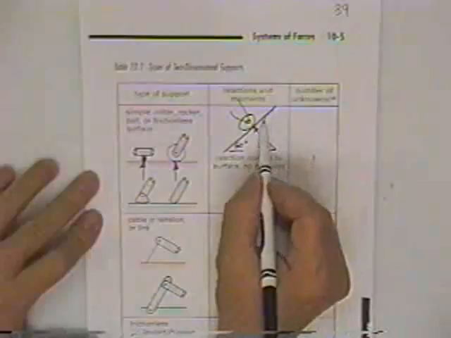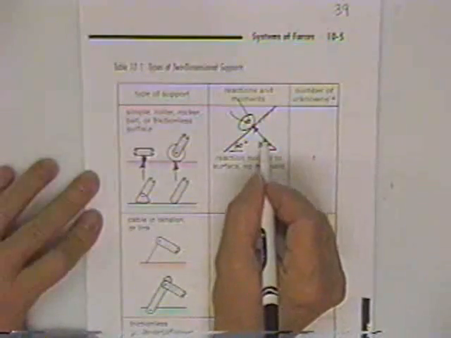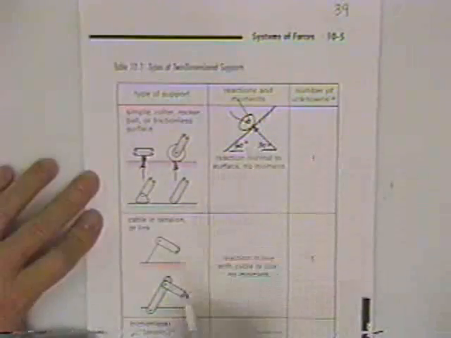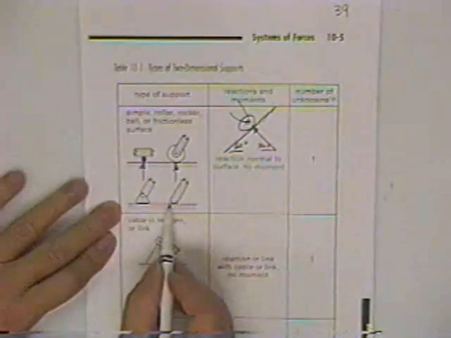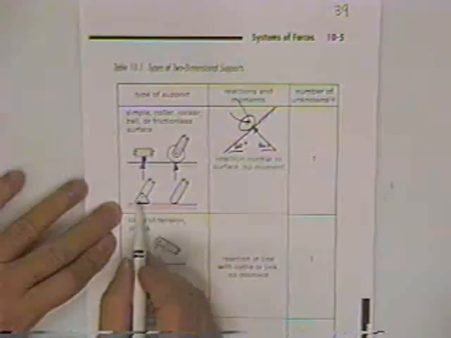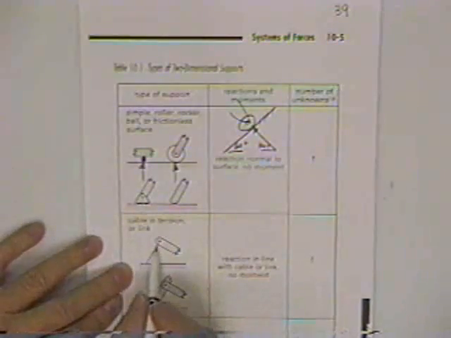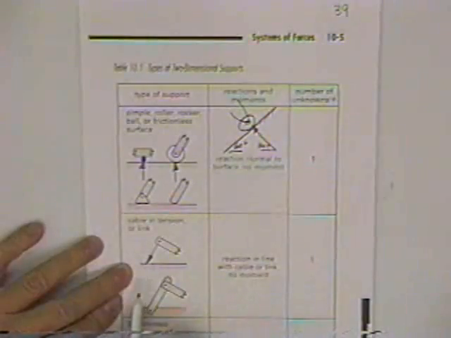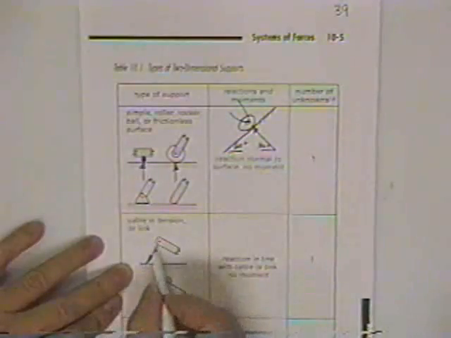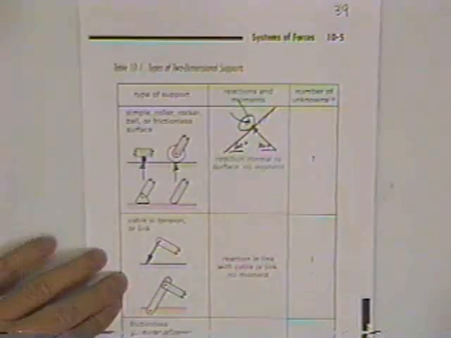So even if it's an angle, you ought to be able to tell that's not any longer an unknown. That is a known direction for that force. Sometimes they show them like this. They'll just show them sliding and tell you it's frictionless. Sometimes they show them as a little rocker. A cable forces always run right down the axis, and if he says it's a cable, you can probably be pretty sure it is a member that is in tension, so you would show the reaction on the member as a pulling force.